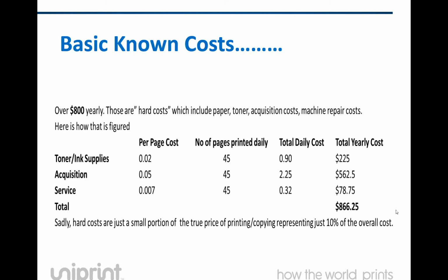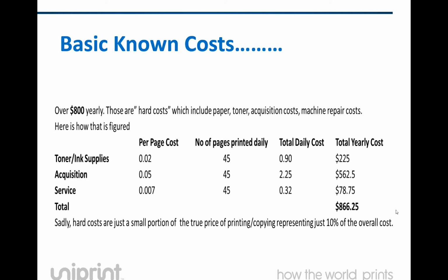And there are various technologies that they throw out there, like some manufacturers say that we don't use toner anymore, we use wax, and therefore that's going to reduce the cost of the printer itself. That's going to reduce your ink and toner supplies. The interesting thing is your acquisition cost is going to be so much more. So you've got this whole thing that you've got to understand the costs within the business.